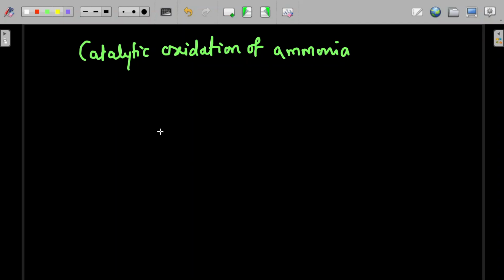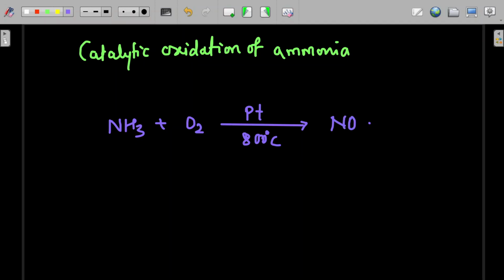So the first step is this one only, where we take ammonia and oxygen or air. Platinum is a catalyst. 800 degrees Celsius we have to maintain the temperature. It will form nitrogen monoxide and water along with heat. So this is a catalytic reaction in Ostwald's process.